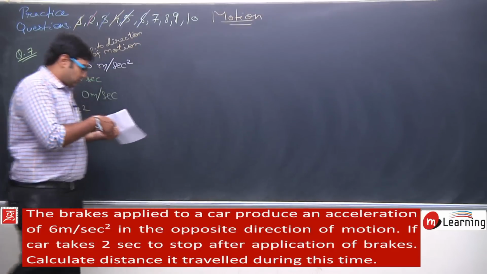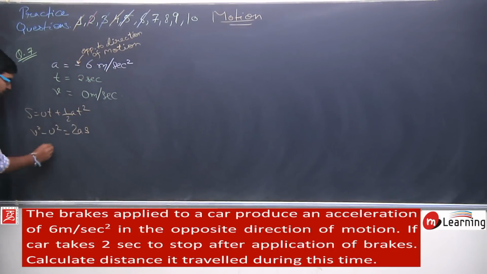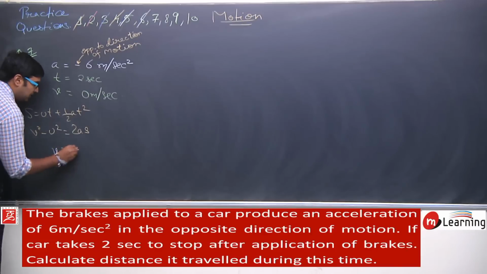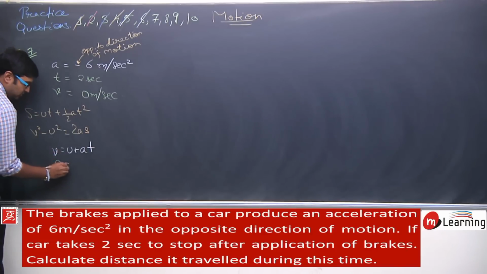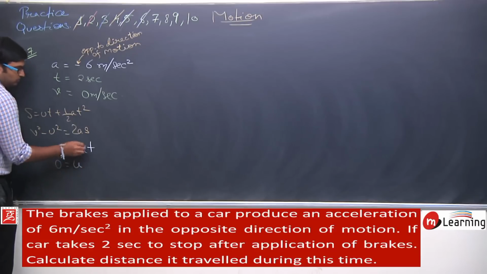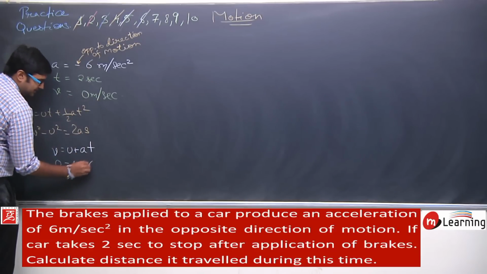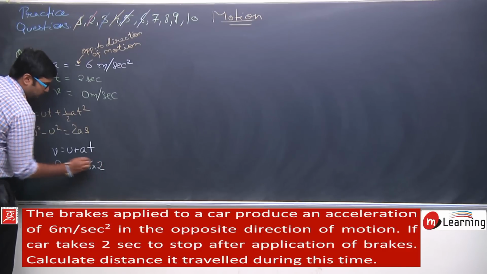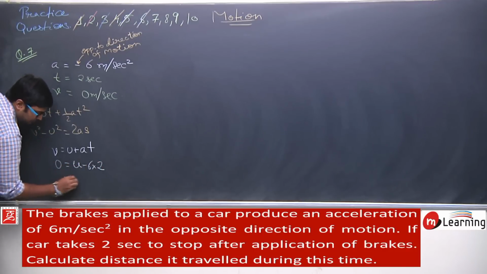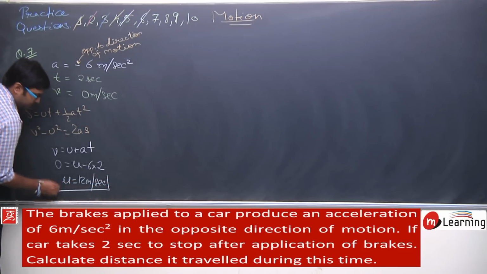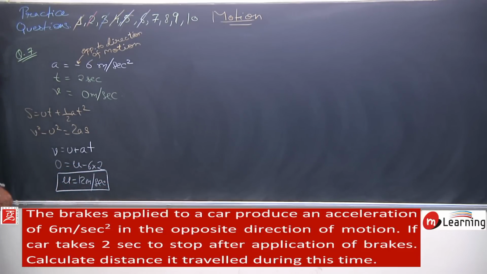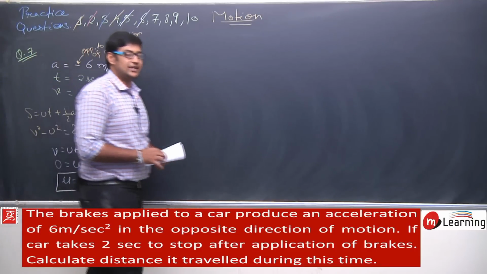So to calculate the initial velocity, we will apply v is equal to u plus at. Now v is given as 0, u is the initial velocity, acceleration is minus 6 and time is 2. When you solve this, u comes out to be 12 meters per second.